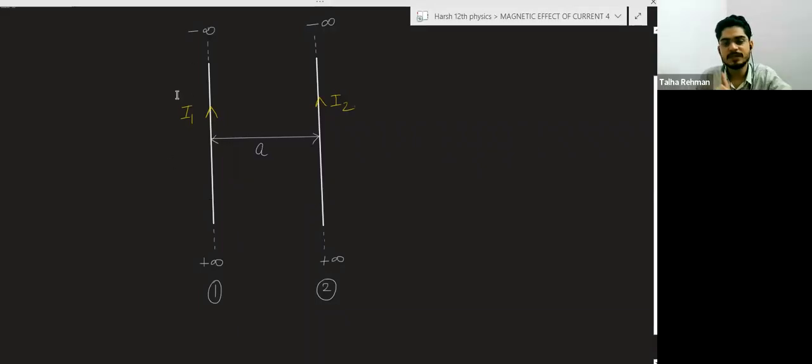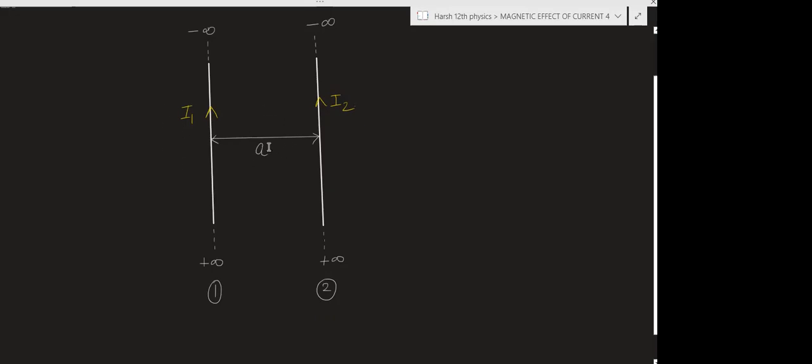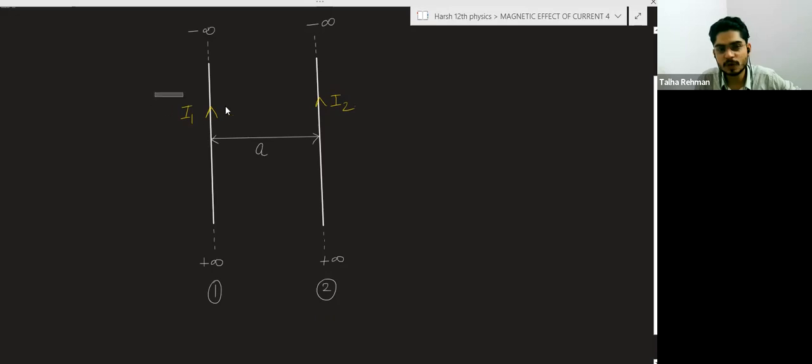Let's see. Due to current in this wire, there will be some magnetic field generated around this wire. And this wire is in the magnetic field of this wire. And this wire 2 is in the magnetic field of this wire, and this wire 1 is in the magnetic field produced by this wire.